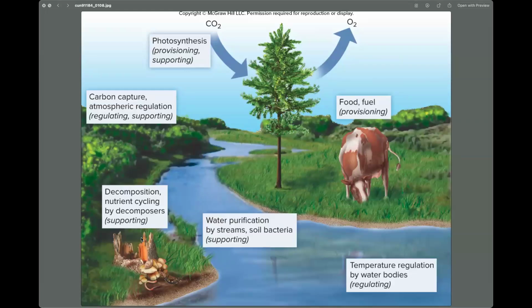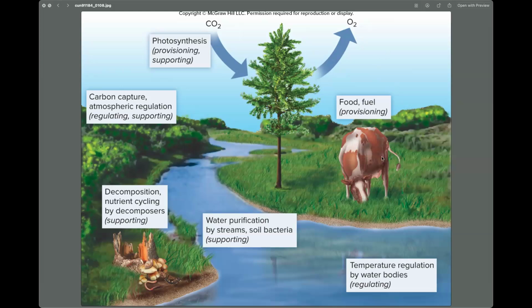This is the living part of soil eventually. Carbon capture, and that is that plants absorb carbon dioxide and produce oxygen as a waste product. Photosynthesis, which adds to the vegetative cover of the earth. The only process that consumes CO2 and produces oxygen as a waste product is photosynthesis.